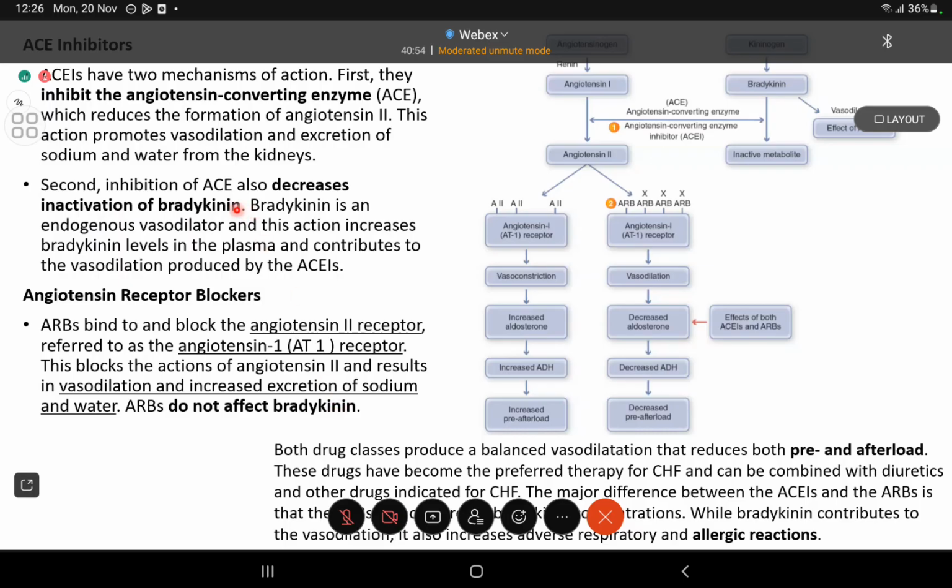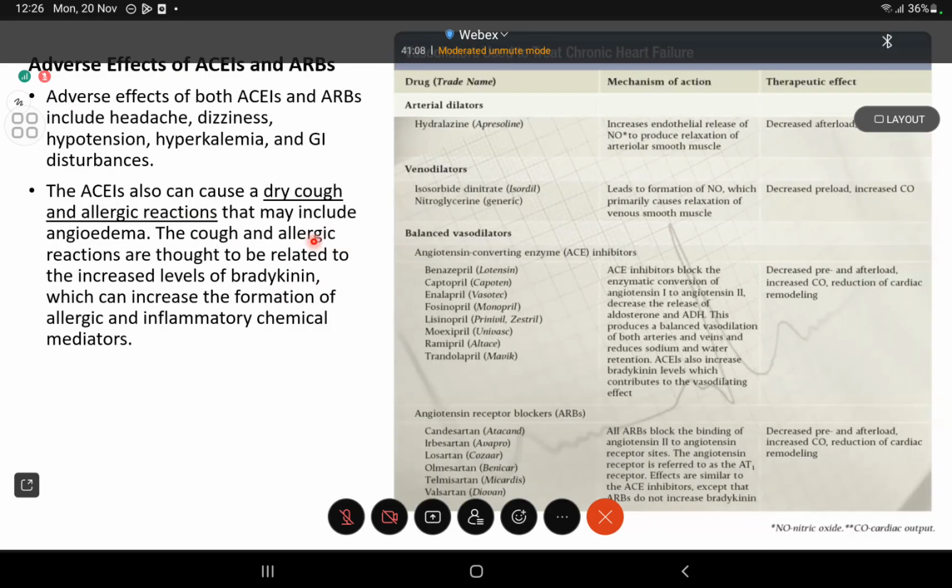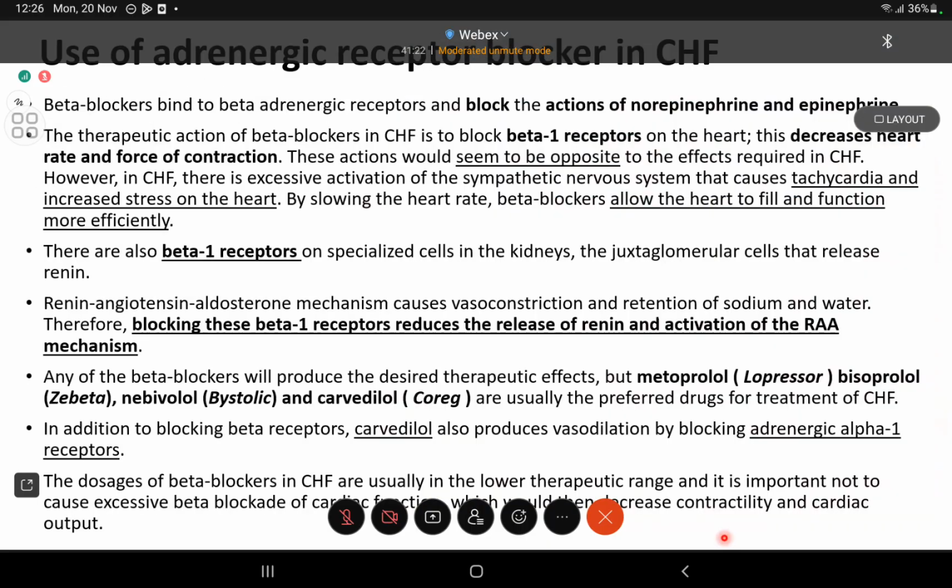So those are the two obvious differences between ACEI and ARB. Another thing is ACEI may cause dry cough. So these are the members of vasodilators normally used in chronic heart failure patients.